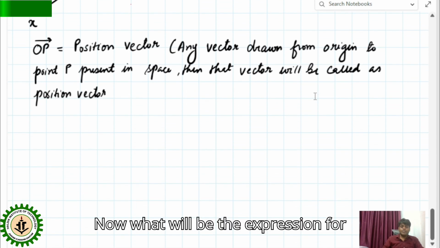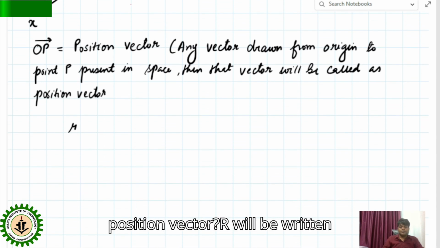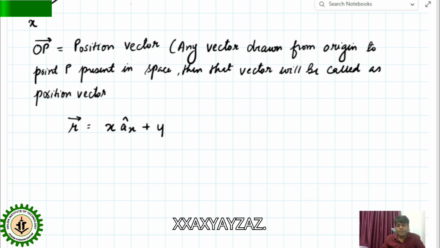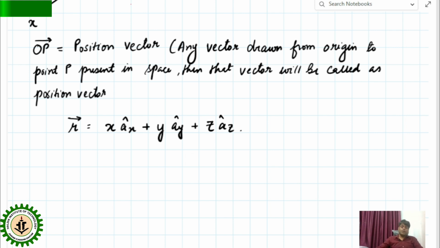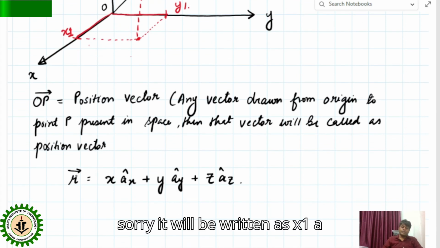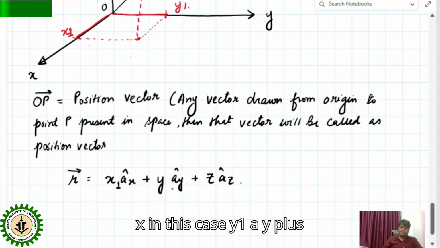Now, what will be the expression for the position vector? R will be written as x ax, y ay, z az. Okay, sorry, it will be written as x1 ax plus y1 ay plus z1 az.